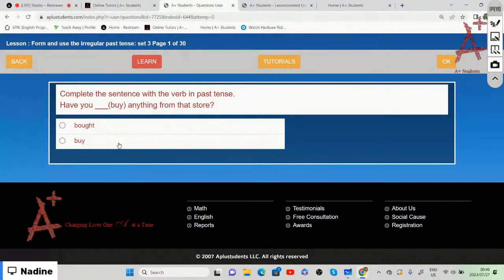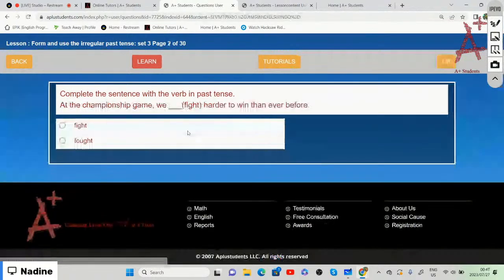Buy is irregular, so the past tense form is bought. Have you bought anything from that store?